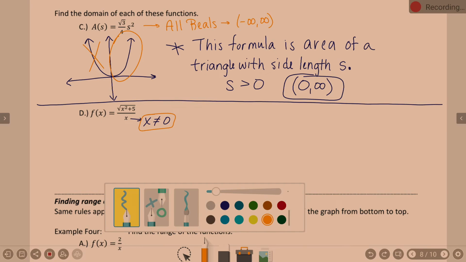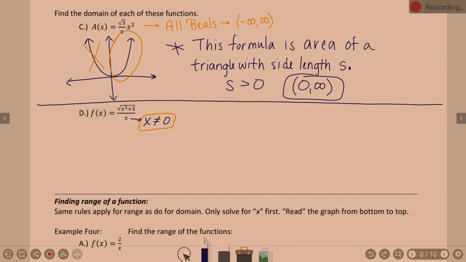So every problem you see, when there's a variable in the denominator, set it equal to 0. What else do I need to consider? x squared plus 5 is greater than or equal to 0. Whenever you see a square root with a variable under it, whatever is under the square root, you set as greater than or equal to 0.